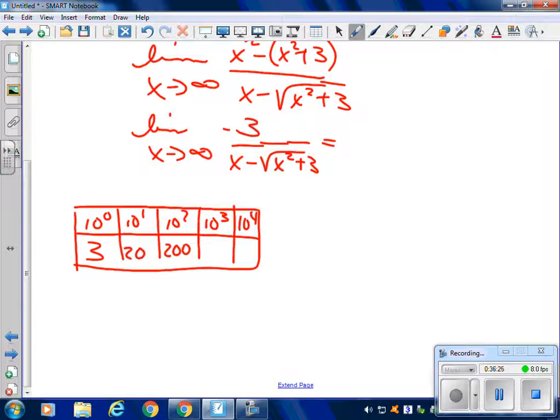I can't, it won't let me do it with putting the exponent. I have to do 1,000 instead. 2,000. That's what I was thinking. It's got a pattern to it.